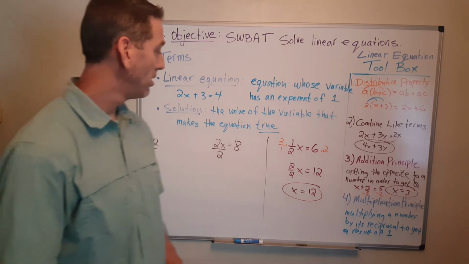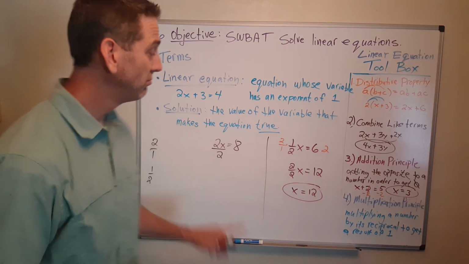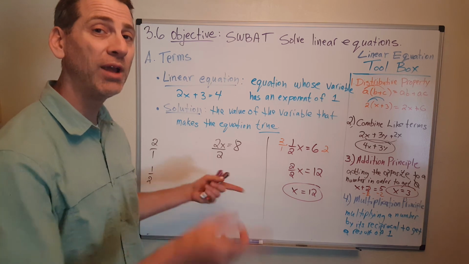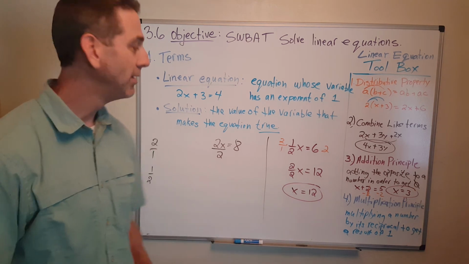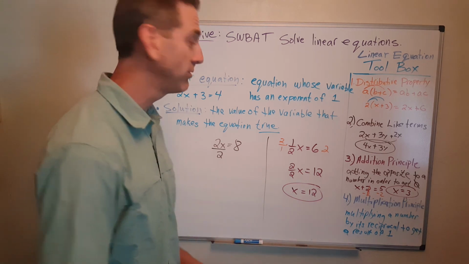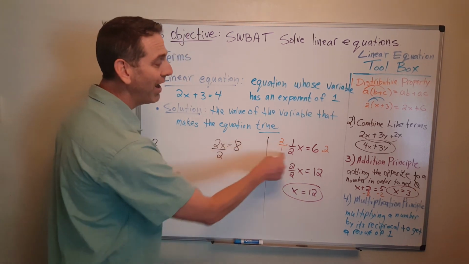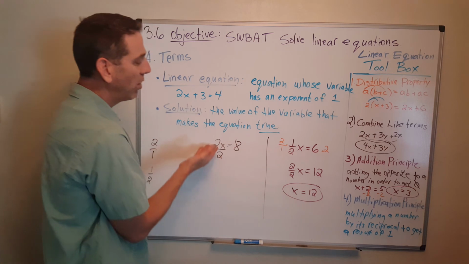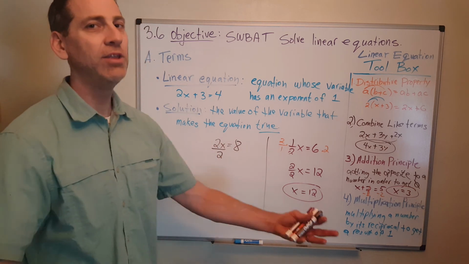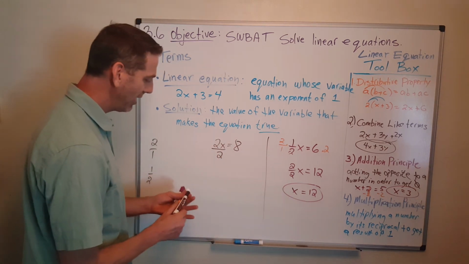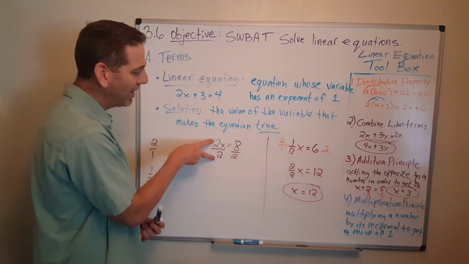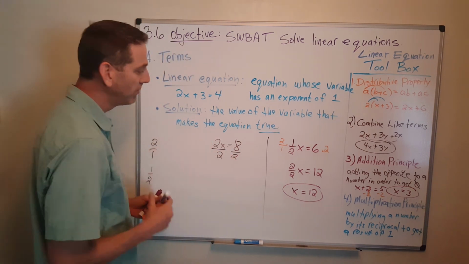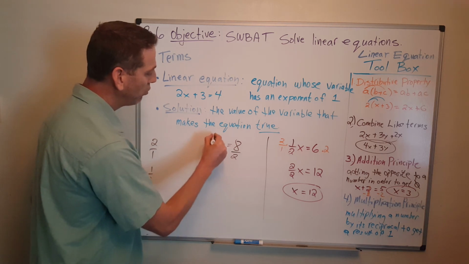Check it out. Division is the same as multiplying by the reciprocal. It's the same exact thing. So I can multiply by the reciprocal, or I could divide by the number. Either way, you get the same thing. When I divide both sides by 2, what do I get as a result? 2 divided by 2 is 1.